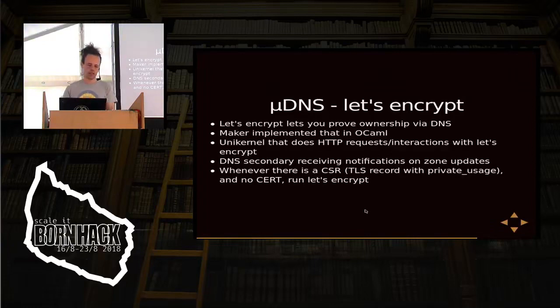And how I set that up, because I don't want to have all of that inside of the primary name server, I just have a secondary name server which deals with the Let's Encrypt updates. And I store the Let's Encrypt certificates and the certificate signing requests also in DNS, because it is a key value store after all. So let me just store my signing requests and my certificates in there.